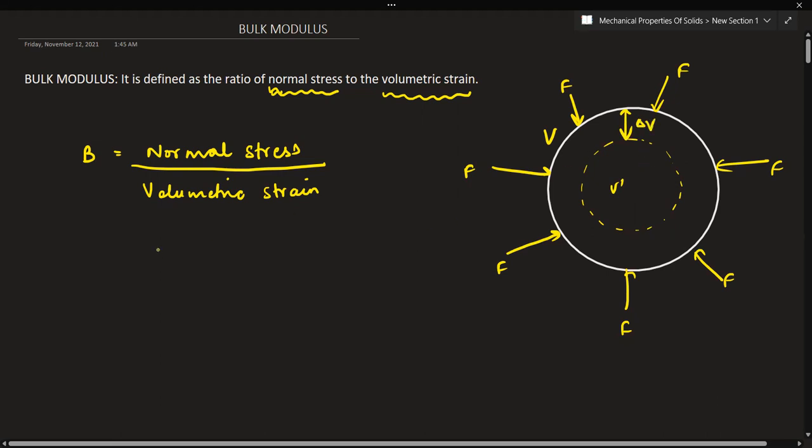Is it clear? So delta V is the change in volume, or you can say the decrease in volume, by how much the volume has been decreased.